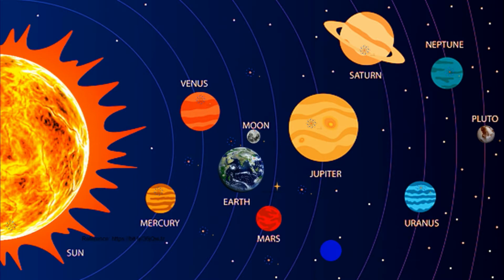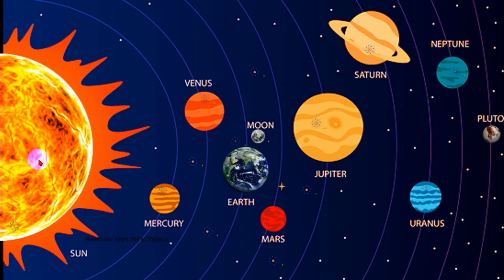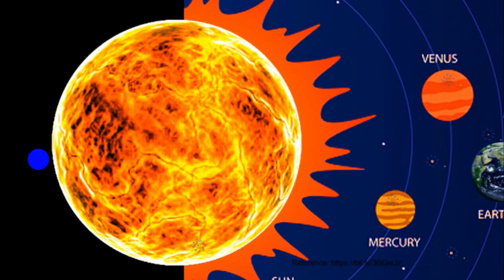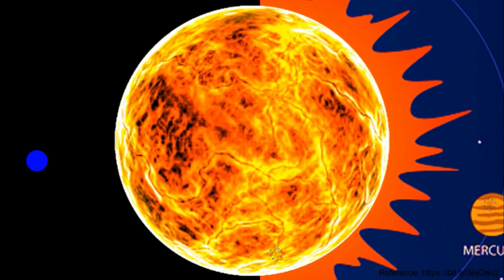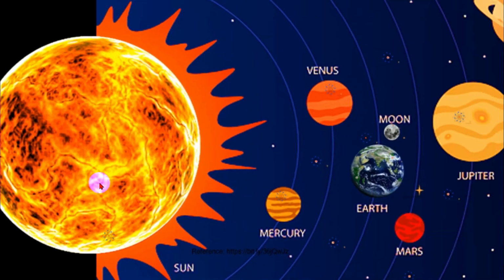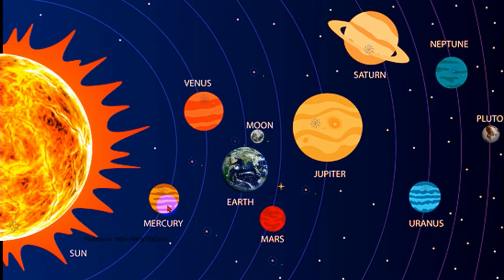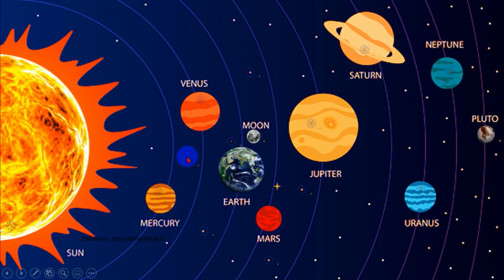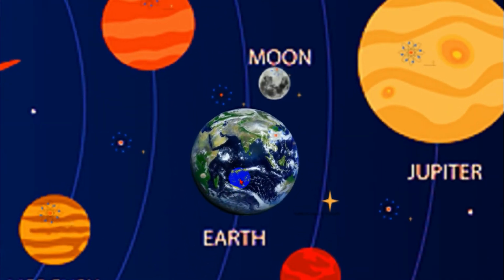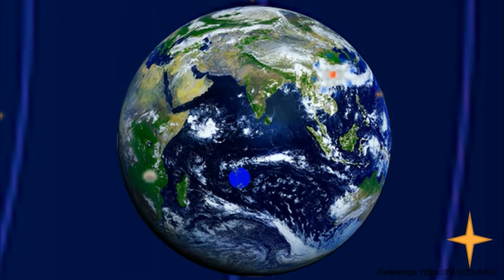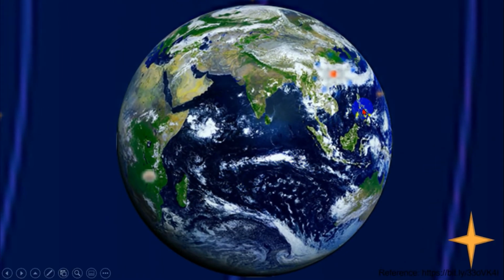We all know that the solar system consists of the sun, planets, moon, and asteroids. This is the sun. This is Mercury, the Venus, and the planet where we live, the Earth. Okay, so here is the Earth. That is where we live. Nandyan tayo sa Philippines.